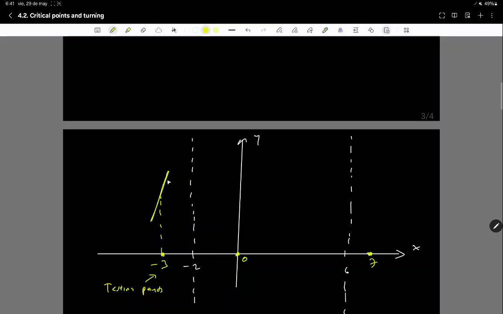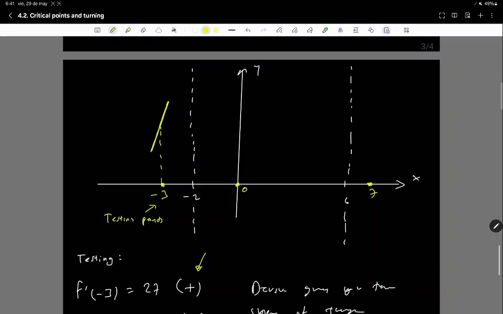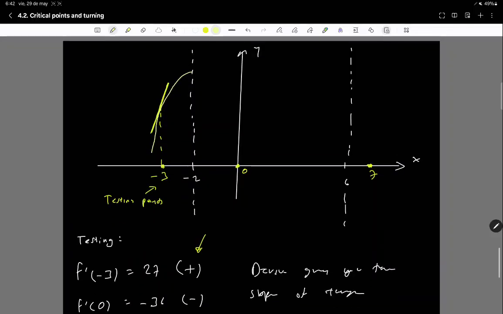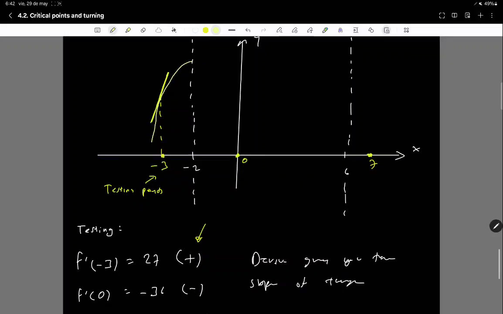It needs to have a positive slope because of this. Okay, my tangent will have a positive slope. What that means is that my function is doing something resembling this behavior. Take a look. It's going up, it's going up, it's going up, you see? Because, again, the slope of the tangent at -3 came out positive. So therefore, the function is increasing until it reaches -2, right?